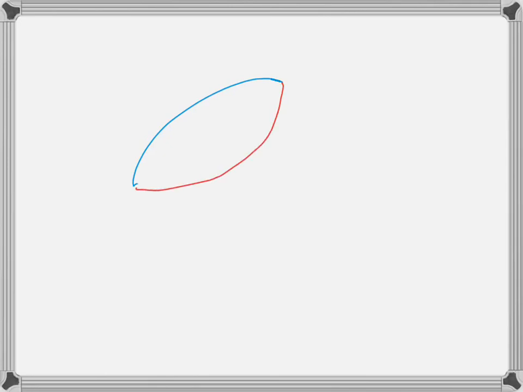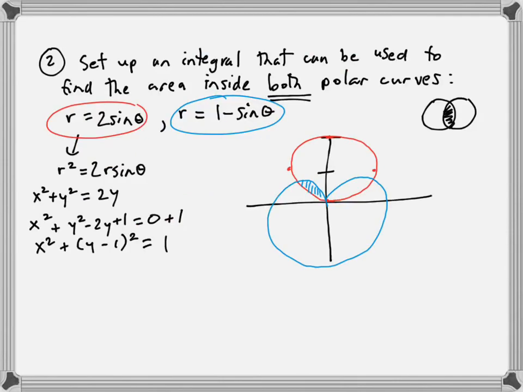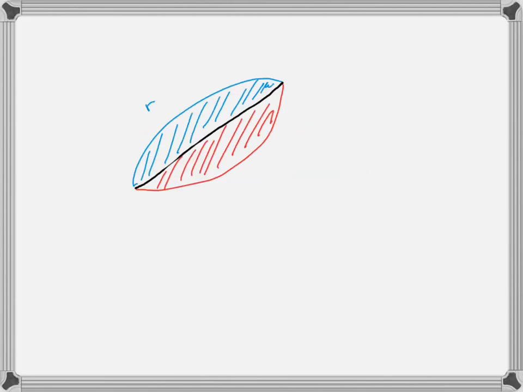What's actually happening is the red curve is sweeping out one part of the area that I want, and the blue curve is sweeping out the other part of the area that we want. r equals 1 minus sine theta is this guy, and the other guy is, remember, r equals 2 sine theta, right?